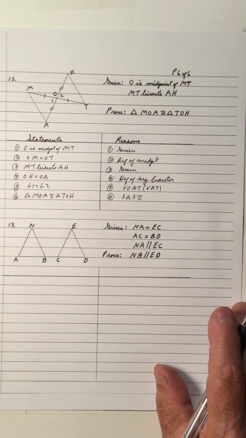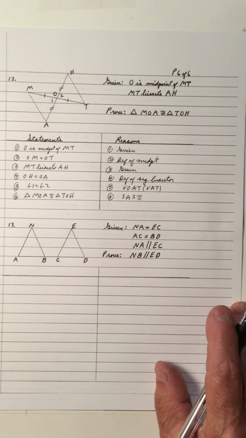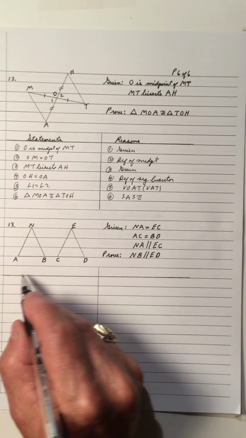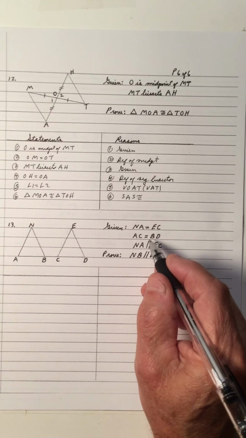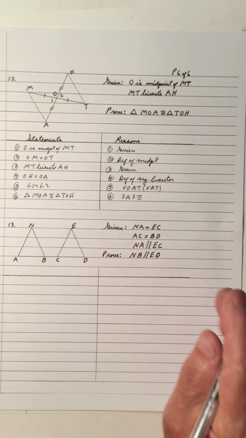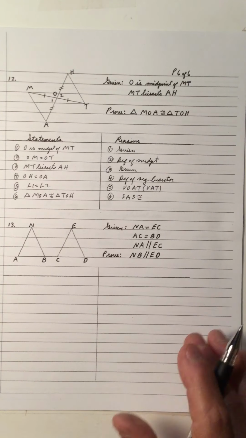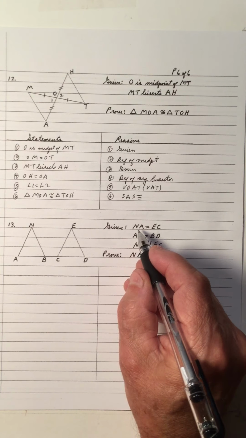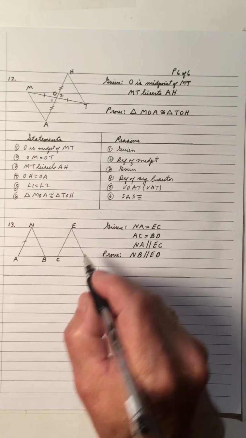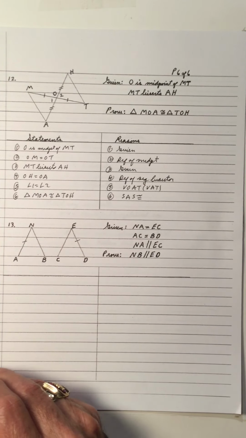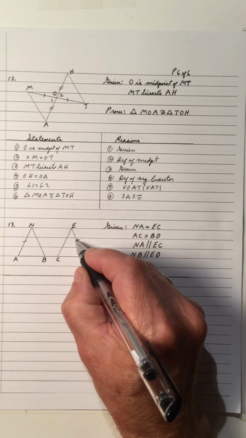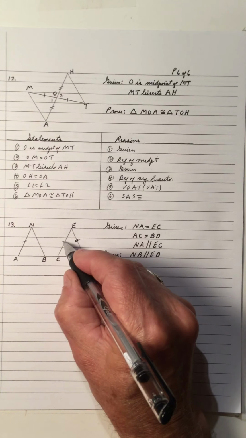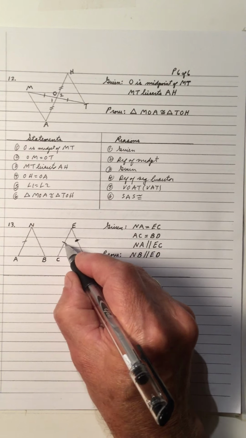Okay, we have one more proof to do. And let's see what we have here. Okay, let's go through. I like to do the proof in my head first, and then organize it after. NA equals EC. Marked the wrong one. Sorry about that.